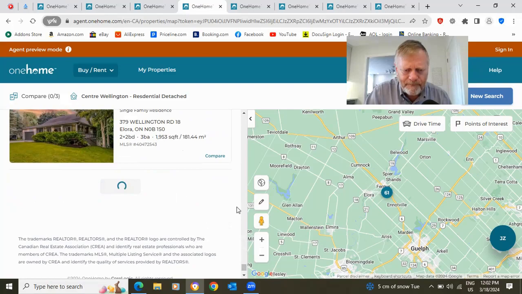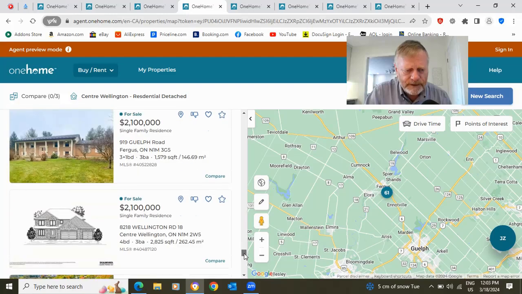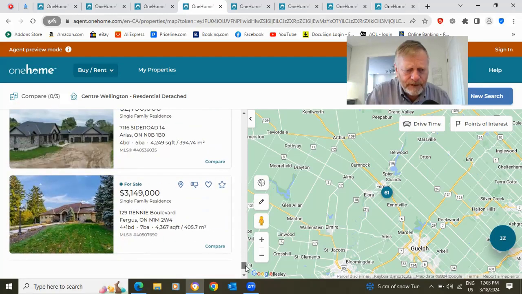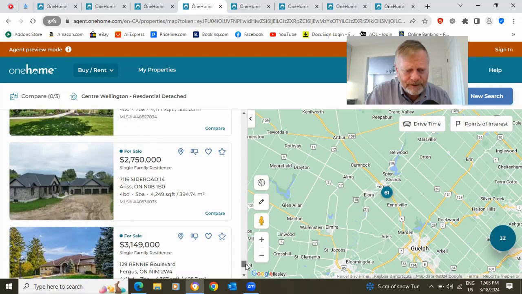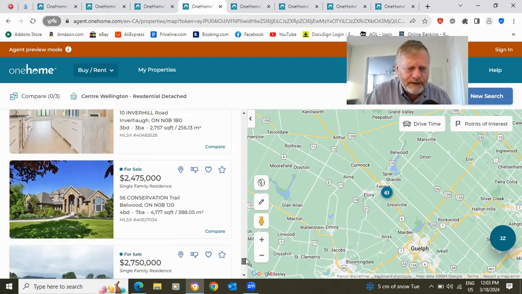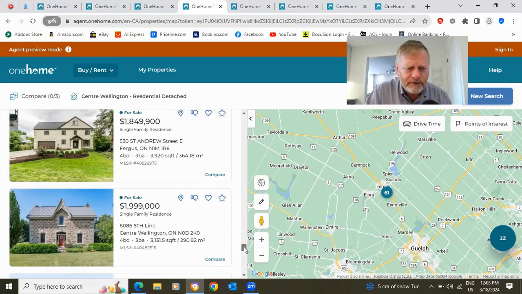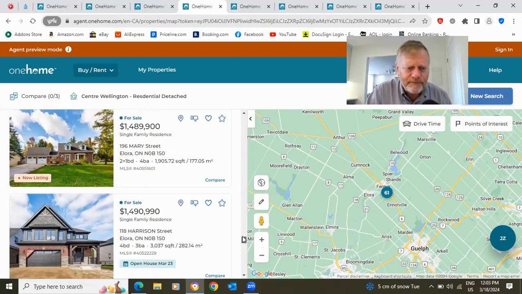we'll have to load more here. Just give me a second here. Yeah, up to 3.149. And then the one immediately before that is 2,750,000. And there's quite a few in the 2 million range, and then quite a few more in the 1 million to 2 million range.